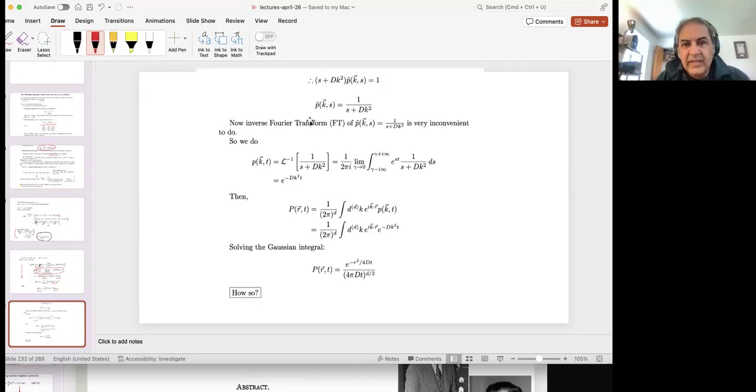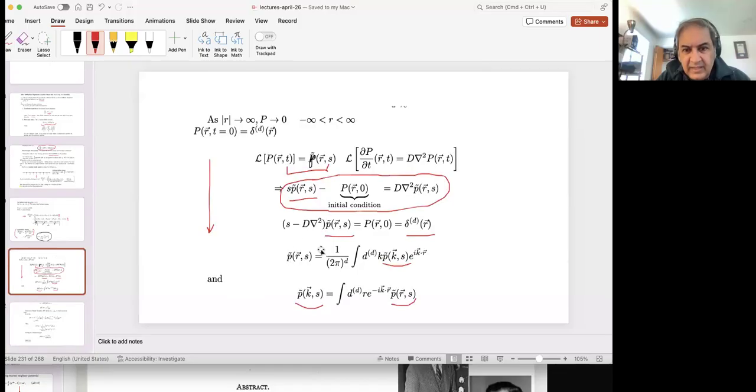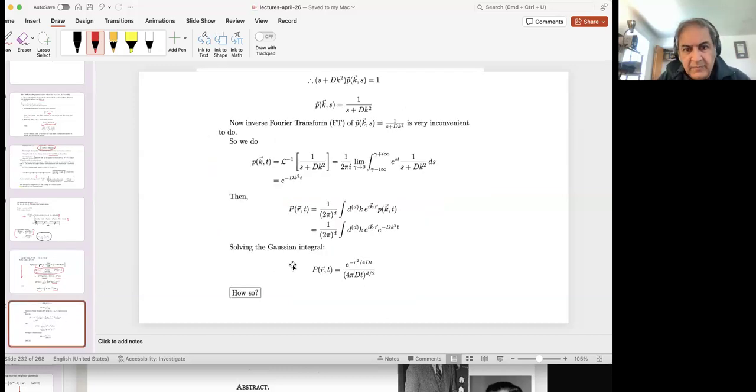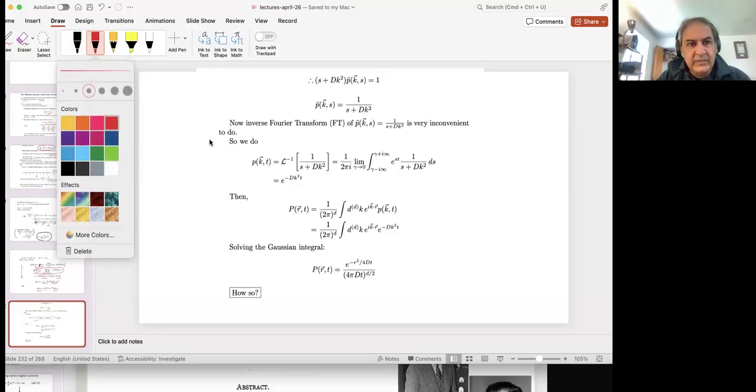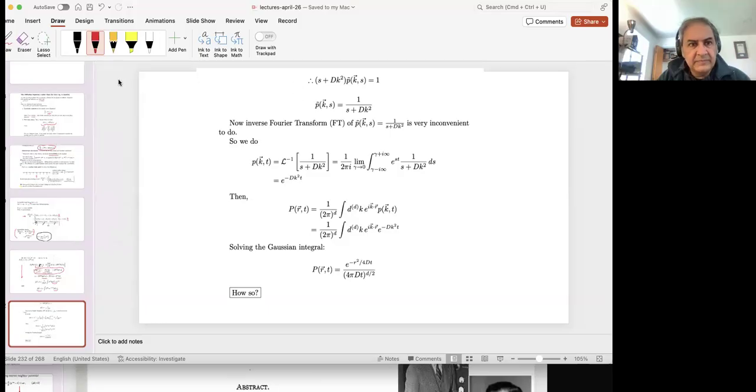Anyway, so then it turns out that this S minus D of delta square, because P tilde Ks has this e to the minus ikr, it becomes S plus Tk squared P tilde K is equal to 1. And this is exactly the reason why doing it the opposite way is not very helpful.